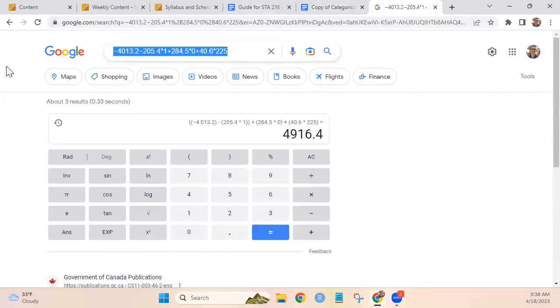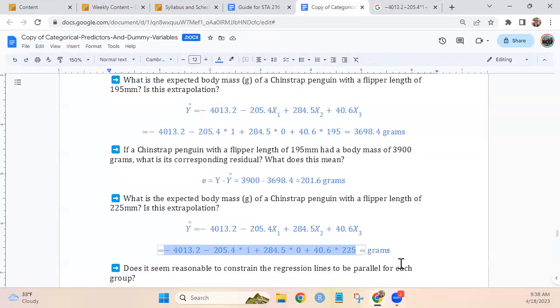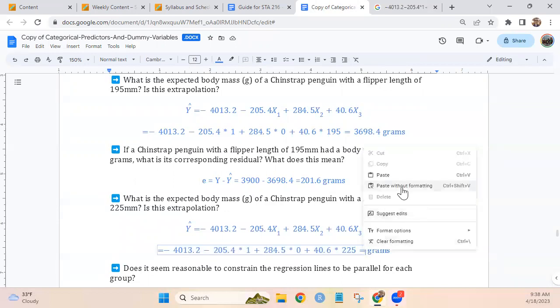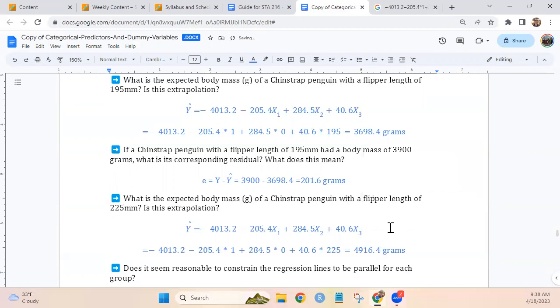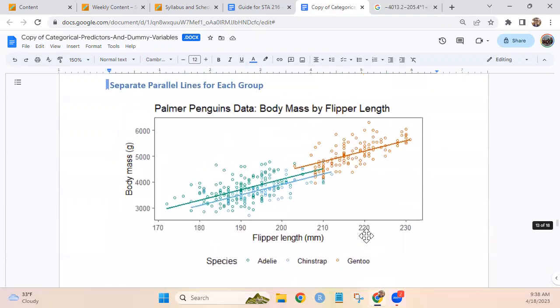Oh, is that right? Okay, sure. And then instead of 3,900, we get 4,900 grams. So at 225 here for the chin strap penguins, that's right here. So is that extrapolation?